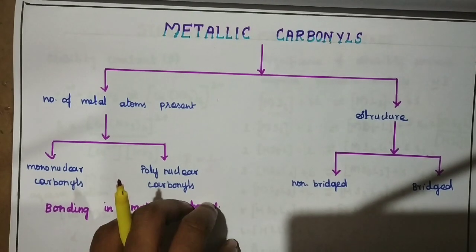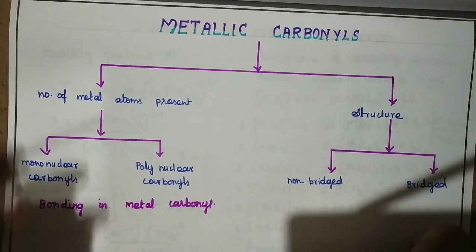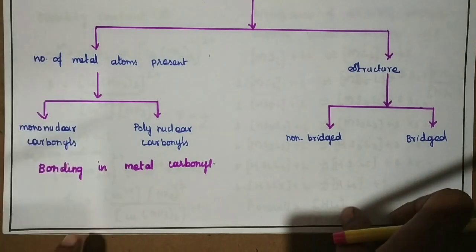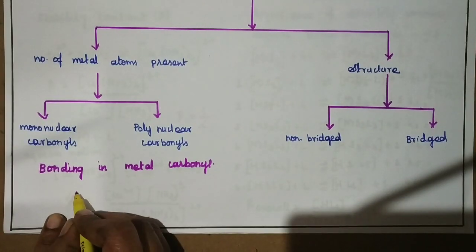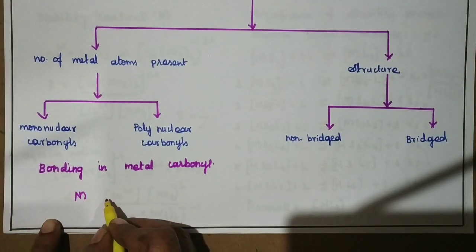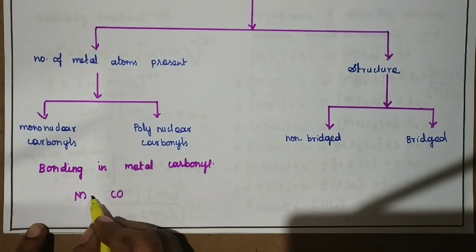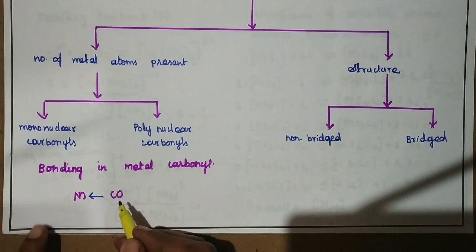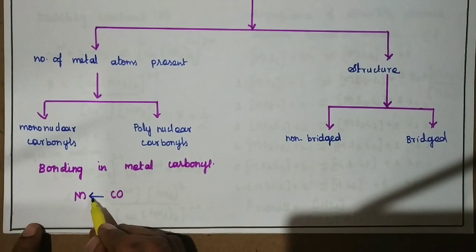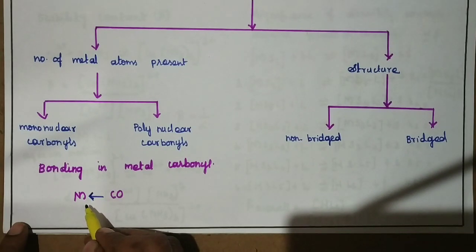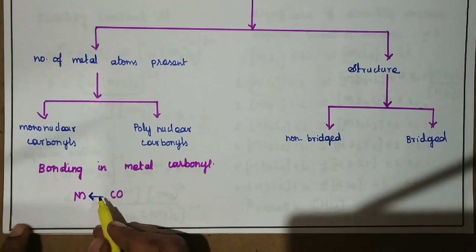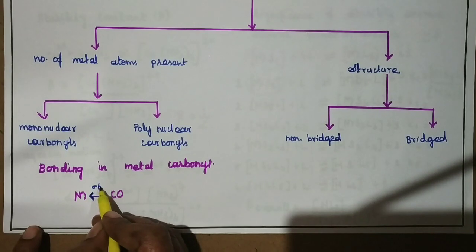First of all, the bond between the central metal ion and the ligand. What is the ligand? CO is the ligand. Do you remember which type of bond this is? This is the coordinate covalent bond, so this is the sigma bond.